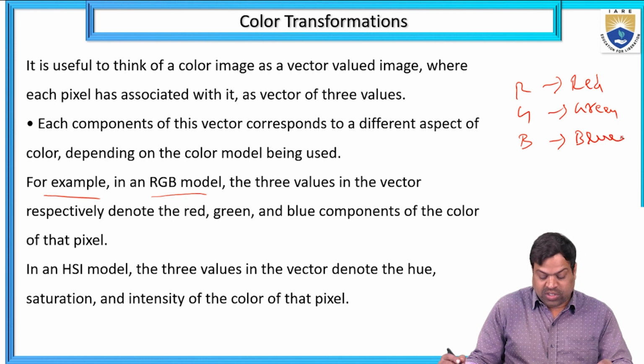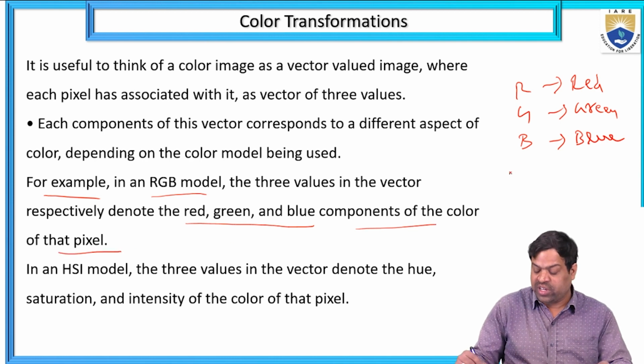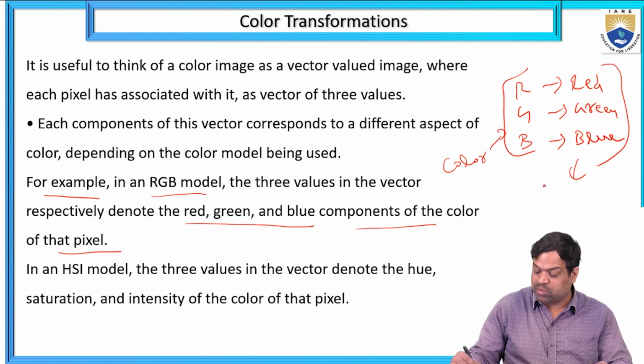In the RGB model, the three values in the vector respectively denote the red, green and blue components of the color of the pixel. Any color that we are considering as RGB, I am converting to the gray image.